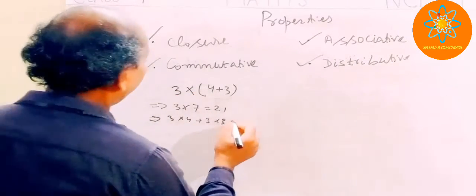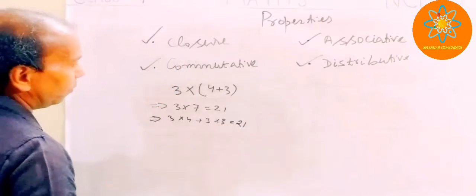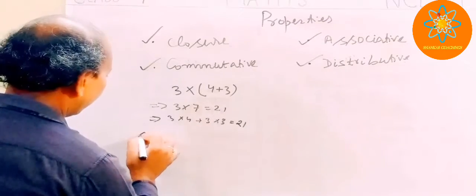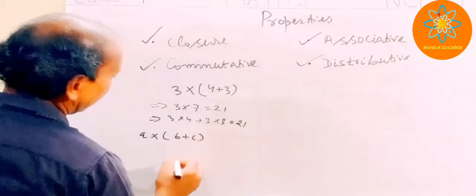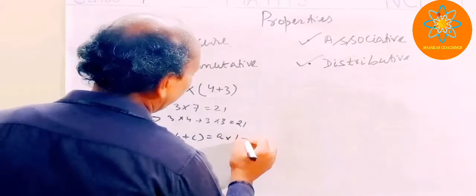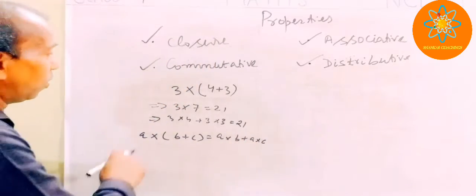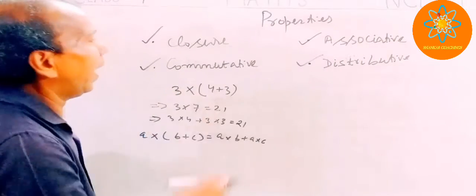I am getting the same result, that is 21. So in general I can say A into (B plus C) is equal to A into B plus A into C. This is called the distributive property of multiplication over addition.